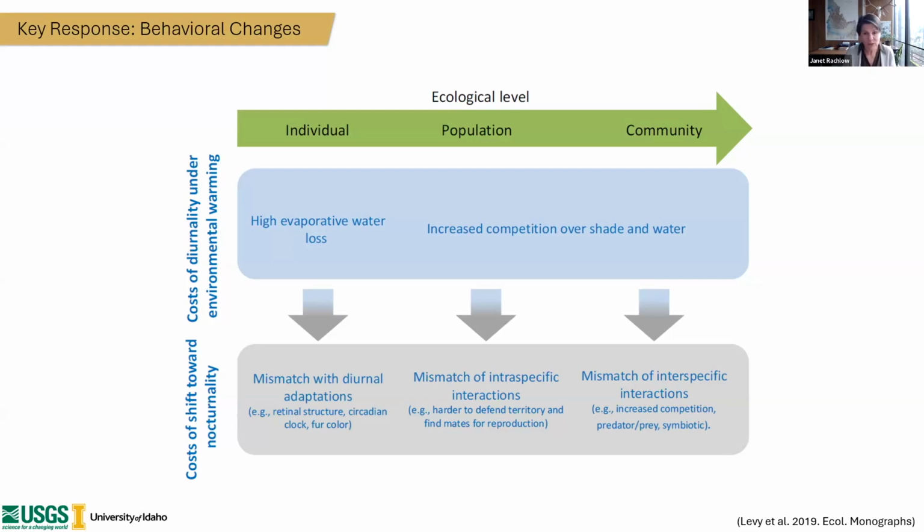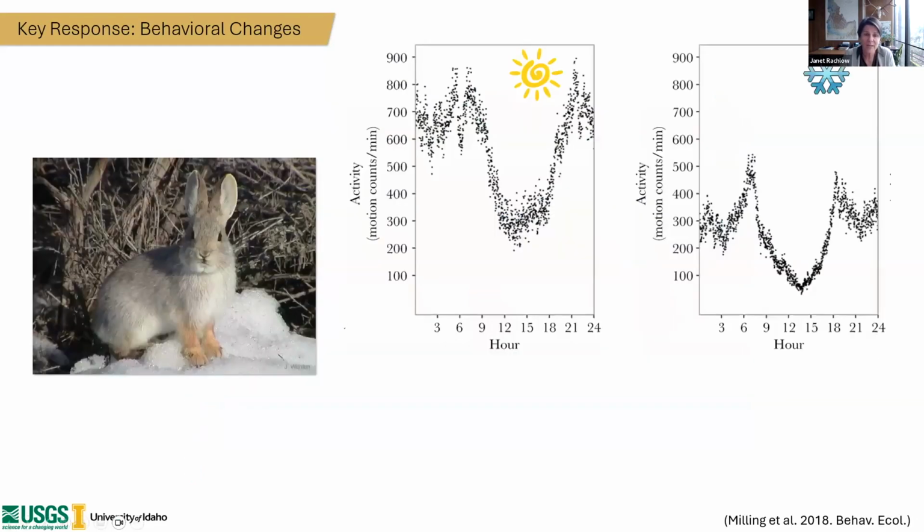They may not be adapted to it. They may interact differently with other members of the same species. They may be exposed to interactions with other species, resulting in predation and competition. So this is sort of a conceptual way that we think about some of the costs for either changing behavior or not changing behavior. And I'll give a little bit of an example in the next slide from some work on pygmy rabbits.